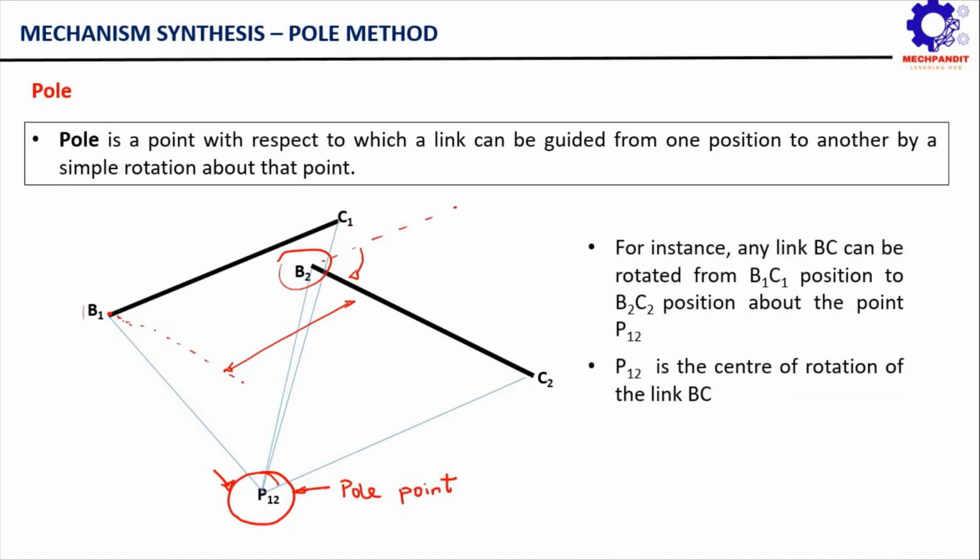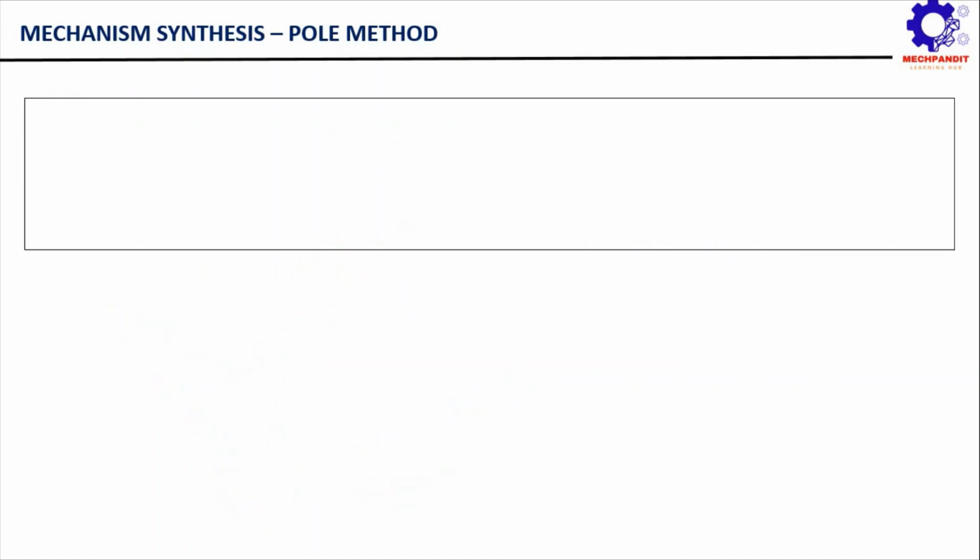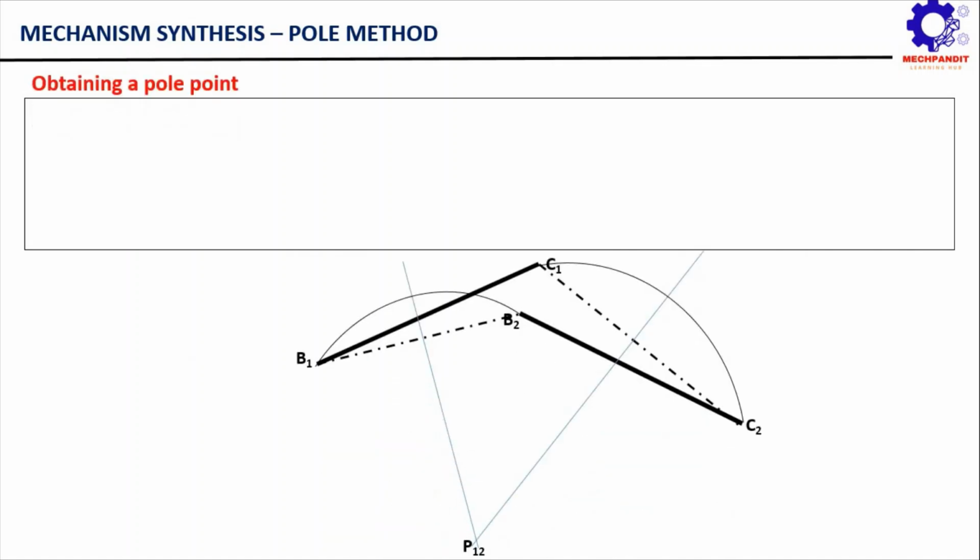Now let us understand how we can obtain this pole point P12 for the rigid body BC or for the link BC. We will understand this through a simple construction. First, we are simply going to join point B1 and point B2 through a dotted line.